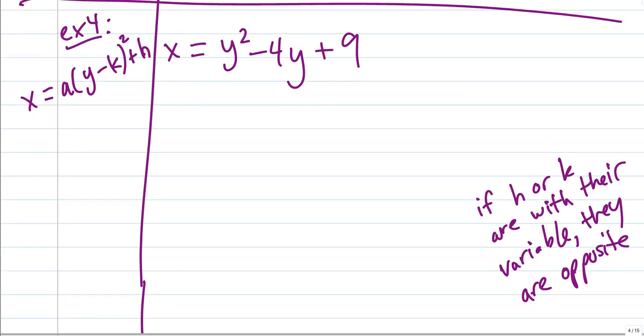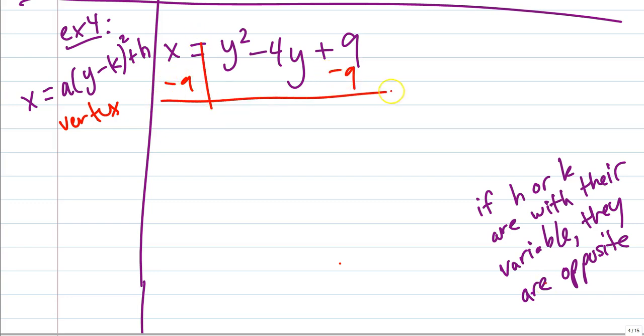This is a parabola. Ax squared plus bx plus c. The problem is it is not in the right form, right? If I want to graph this, I need this in vertex form. That means I need to be able to complete the square. So, move the 9, just like we did before.